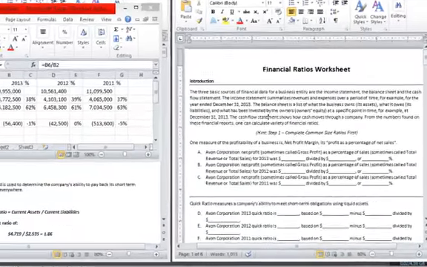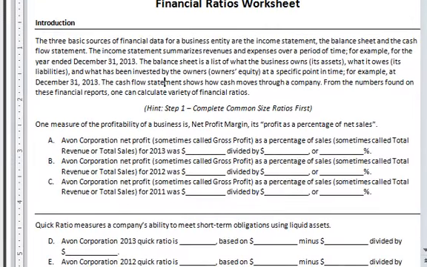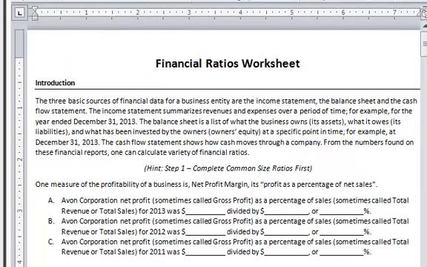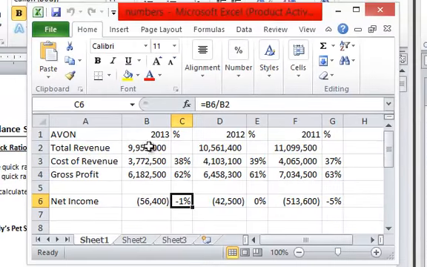So when we come up here, we read the sentence and we fill out and put in the blanks based on the numbers that we have figured ratios out for. Avon Corporation net profit, sometimes called gross profit, like it is in Avon, as a percentage of sales, sometimes called total revenue or total sales.